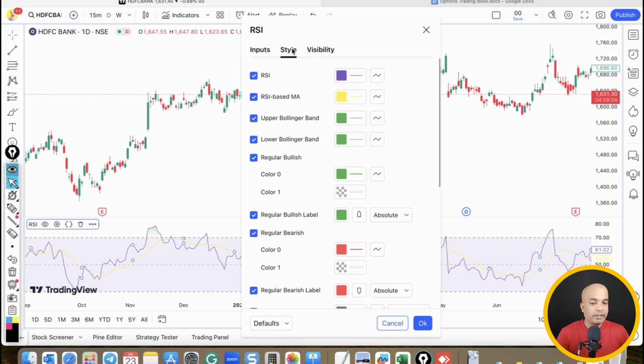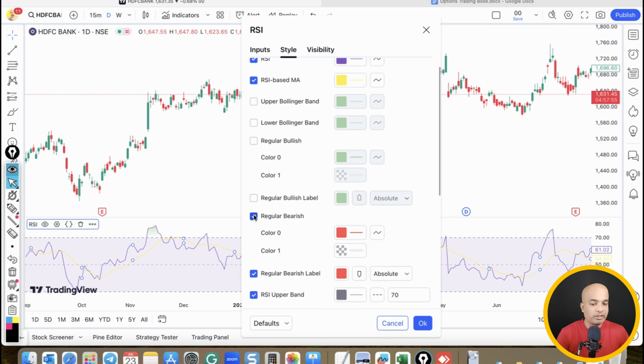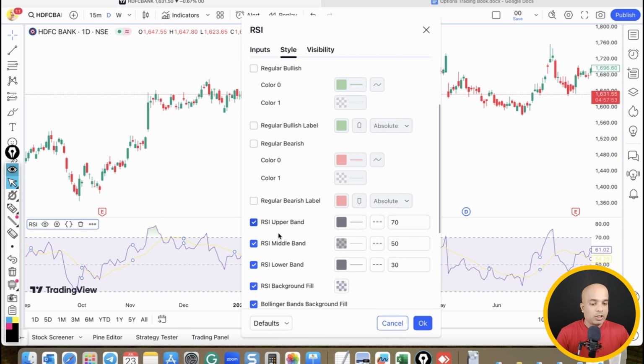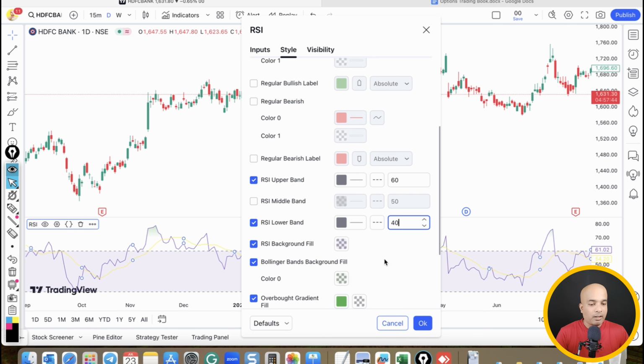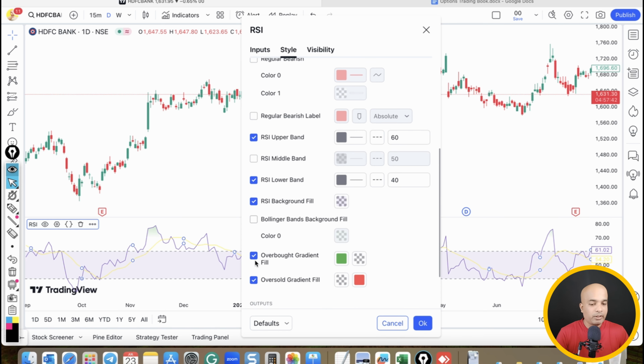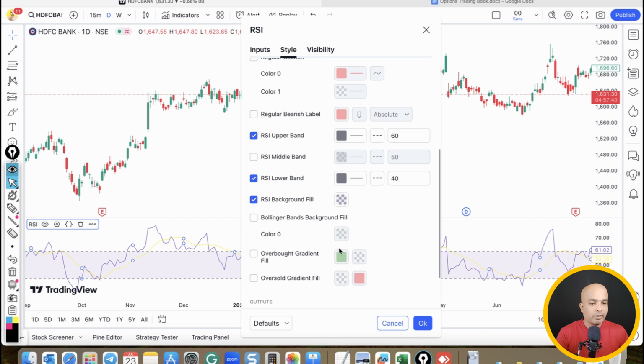So what I do is I will remove the Bollinger Band, the lower Bollinger Band, the regular bullish, bearish, I will remove everything. The middle band I will remove, the upper band I will make 60, the lower band I will make 40. RSI background is filled. Bollinger Band no need, overbought, oversold no need.